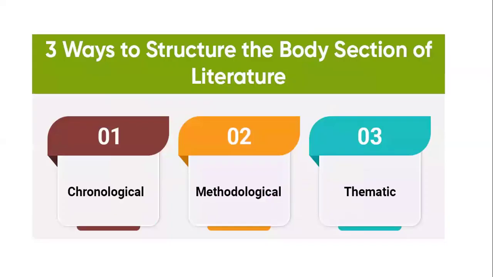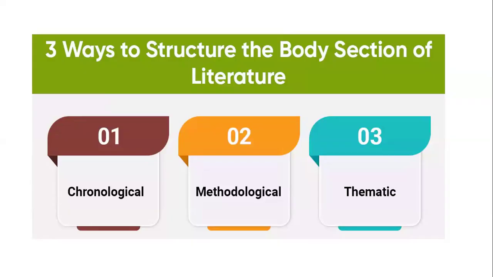Basically, when you are using a thematic structure or your body is thematic, you have to organize themes or topics, as I have told earlier as well. You have to discuss relevant studies and authors under each theme. You will study each theme, and you will identify different patterns or agreements and disagreements while using thematic structure of body.